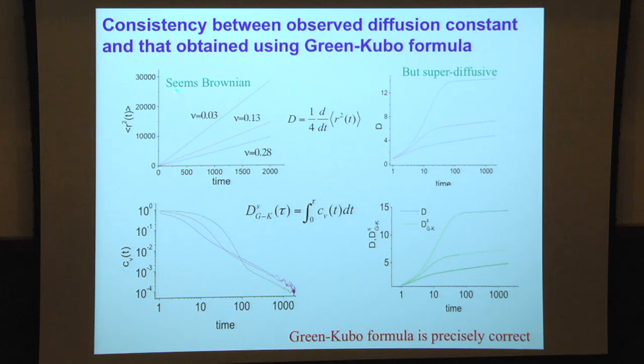So based on this figure, you could conclude that the motion of the target particle in a two-dimensional gas is normal. It seems Brownian. But this is not the diffusion constant.